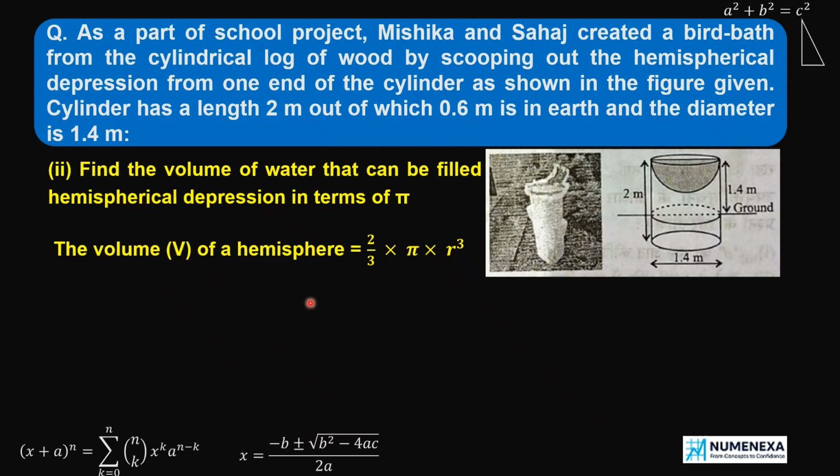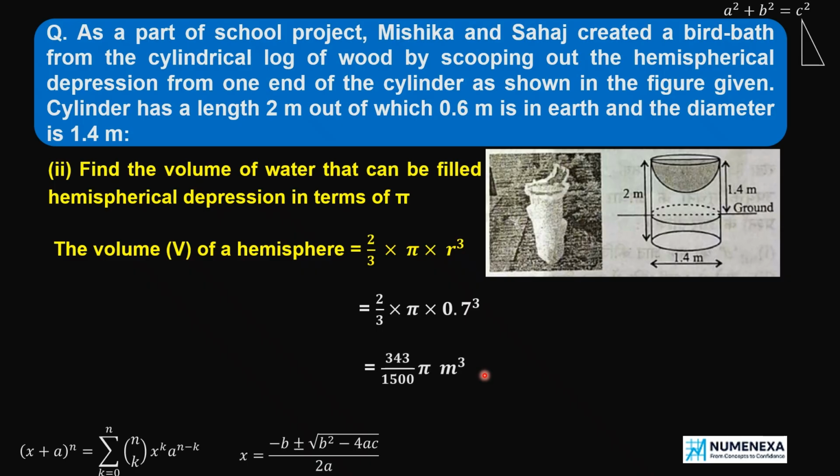So now just substituting this value, I am not substituting for pi because the question suggests that they want the volume in terms of pi. So 2 by 3 into pi into 0.7 cube.